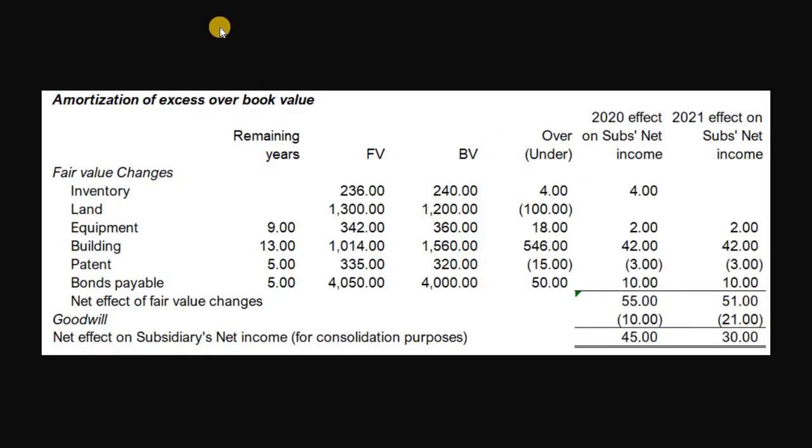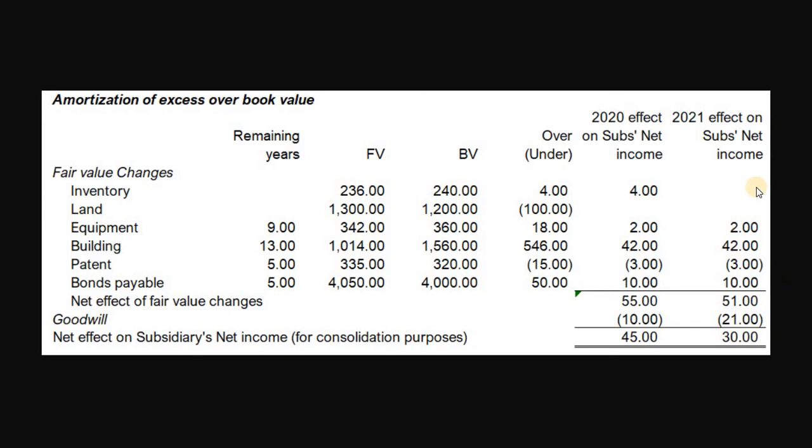Now let's proceed to the amortization of excess for the current year, 2021. So here, this is an extended amortization table that we did in 2020. So I've added another column for 2021. So if you can see that the amortization only includes the equipment, building, patent, and bonds payable for the fair value changes and the goodwill.